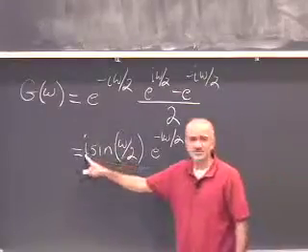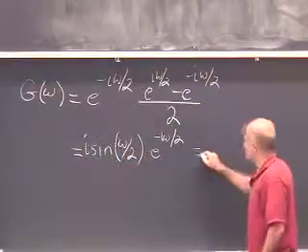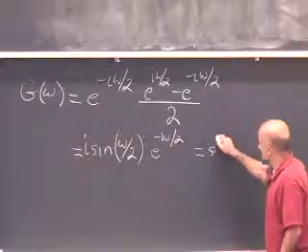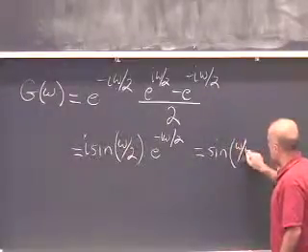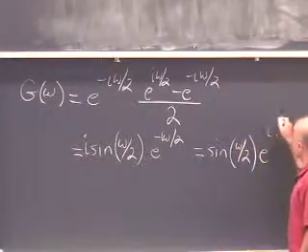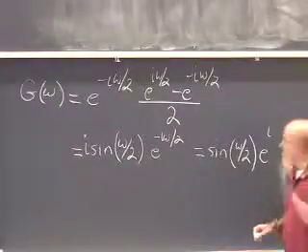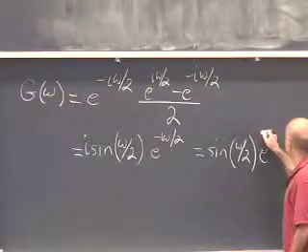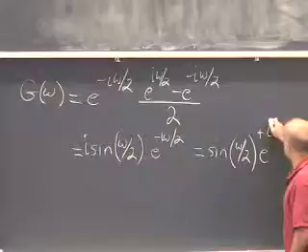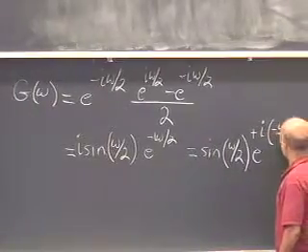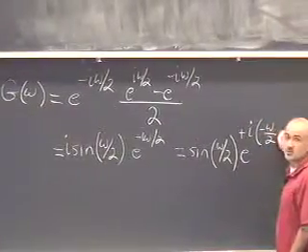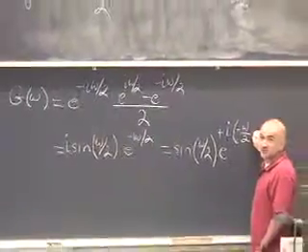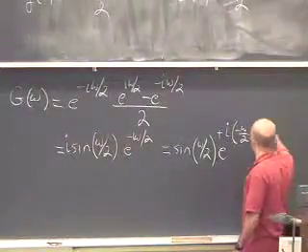Now, I don't like these i's floating around here. So how do I get rid of the i and absorb it into the exponential? Phase shift. So this is minus, let's make it i times minus omega over 2 plus pi over 2.